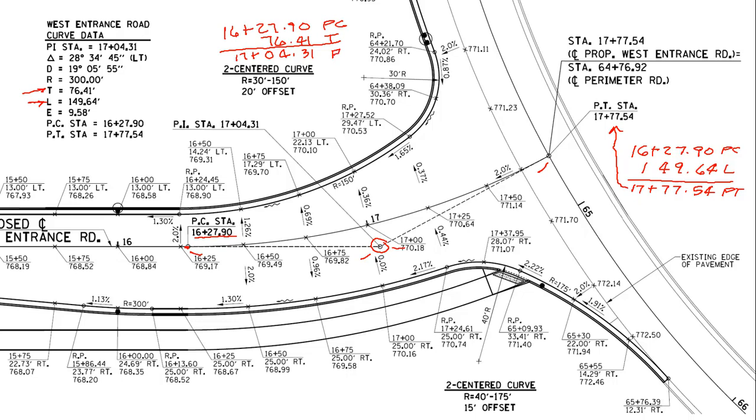That's our PI, and you can see that that's what we've got down here. So that's how we determine the stations along the curve. Again, the curve stationing is going to follow along the curve and use the length of curve to determine where the PT is, and then the PI is just going to be used with the tangent length.